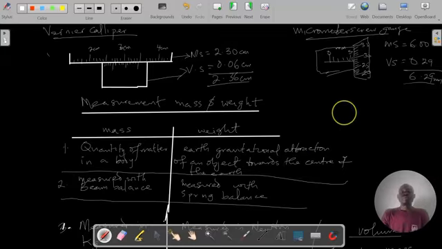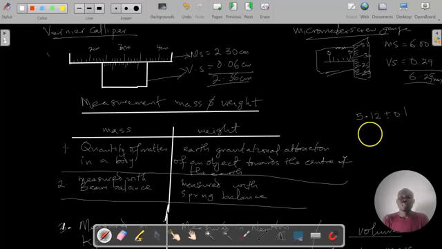So usually if your reading is something like, let's say 5.12, it's always advisable to put plus or minus 0.1, so that we know the reading can either be 5.22 or 5.02, because of instrumental error.